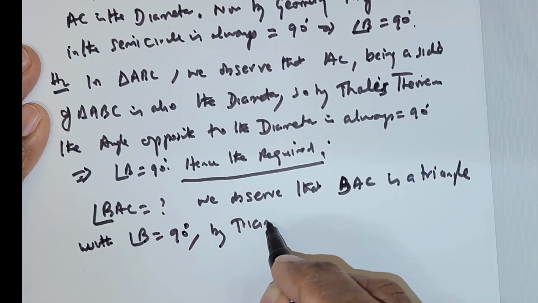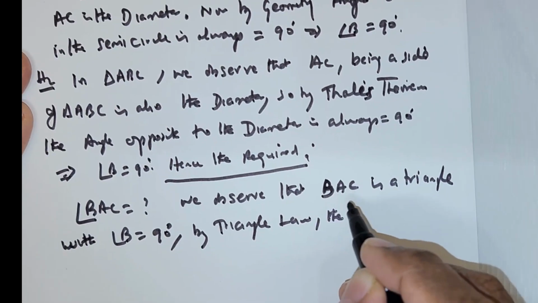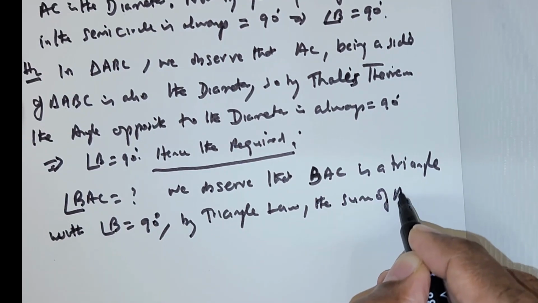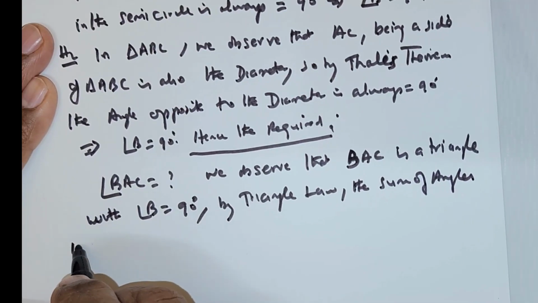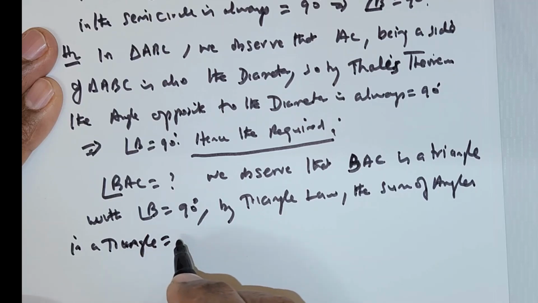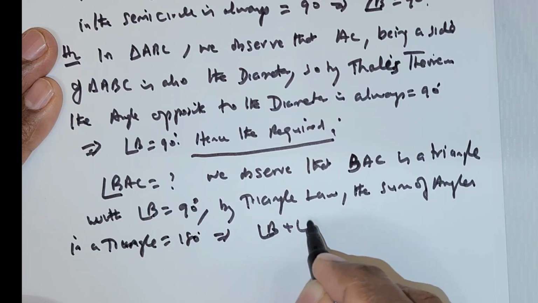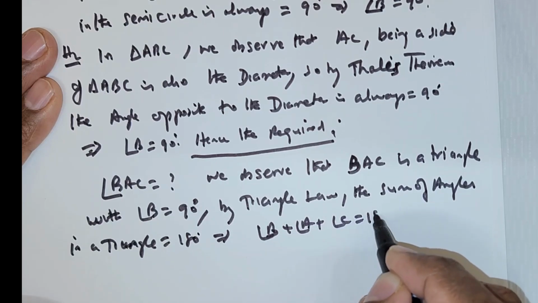By triangle law, the sum of angles in a triangle equals 180 degree. This means angle at B plus angle at A plus angle at C is equal to 180 degrees.